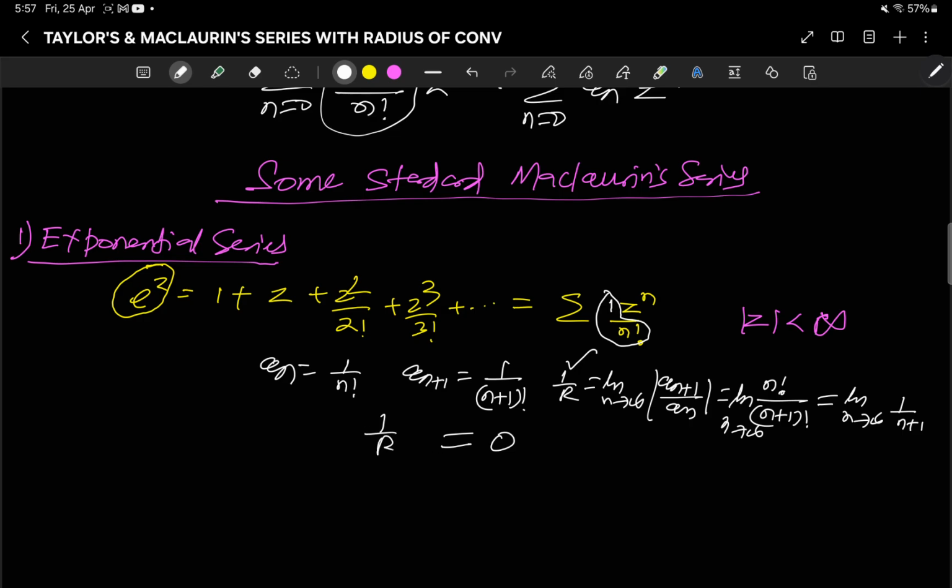So 1 by R equal to 0 implies R is equal to infinity. As I have told, the radius of convergence is the distance from 0 to the nearest singular point. Here there is no singular point, so it is infinite radius.